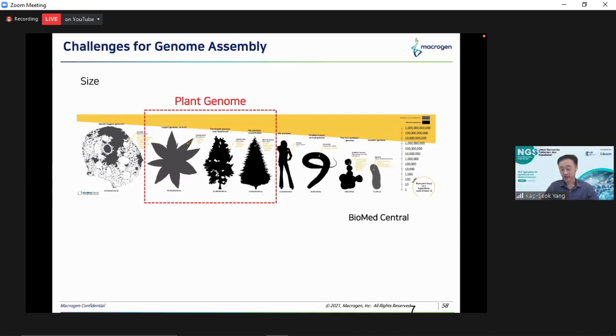On the other hand, with a bacterial genome of 1 megabase, you can do the whole complete genome sequence in a single circular form in a week. So size really does matter in genome assembly.